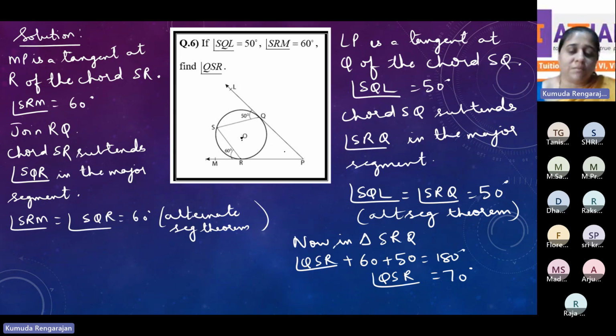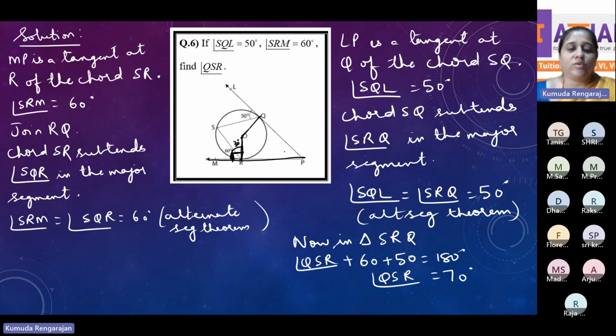Without using that also, join OR and OQ. That's the first thing. Now we know that OR is the radius through the point of contact R of the tangent MP. So this is 90. It's very easy. Let me just tell you first and then you can write down. This is 90, but this one is 60, so this is 30.